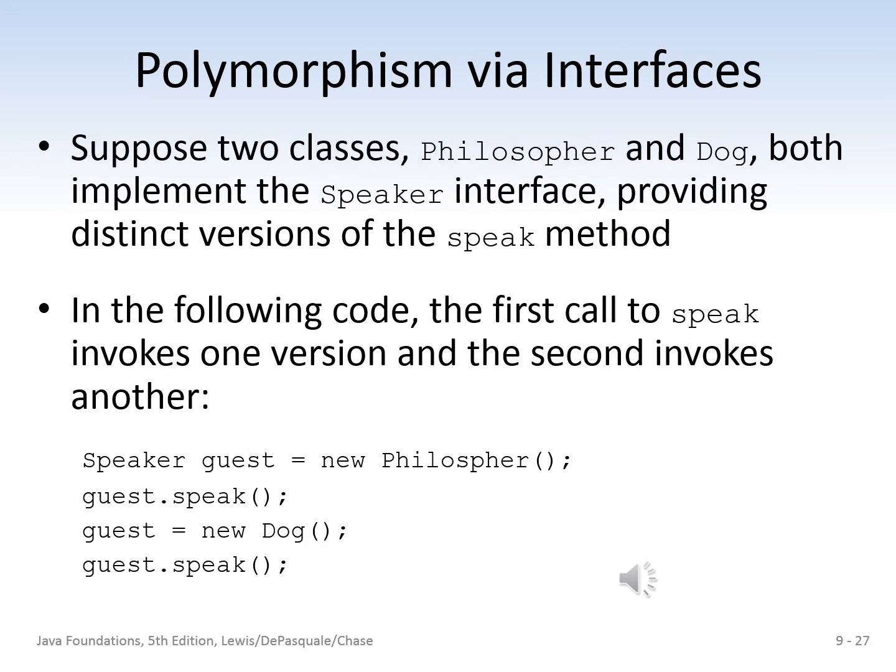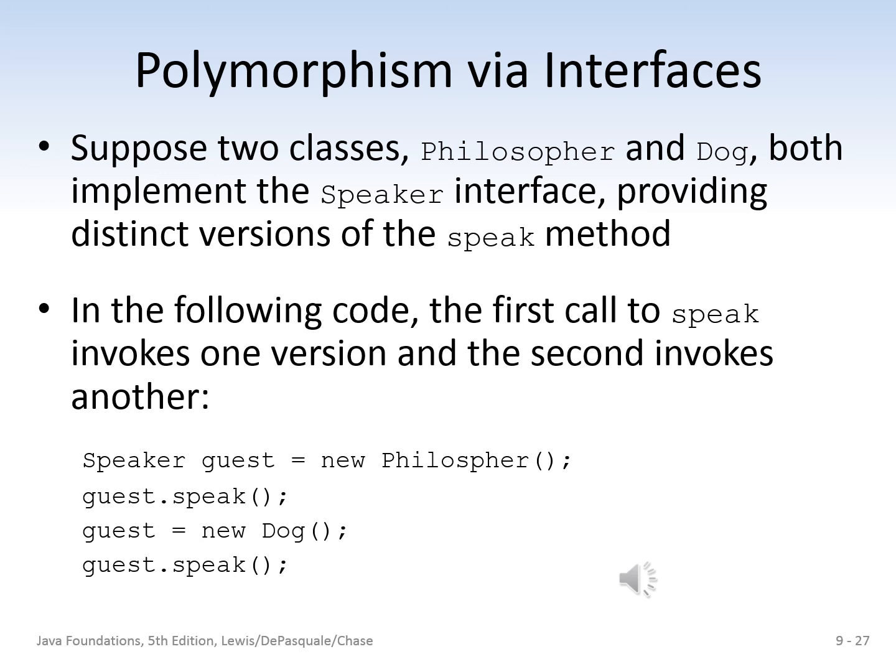Now we pull it all together. Now follow me on this because this is really the coup de grâce as far as polymorphism via interfaces. This is really how it works, the nuts and bolts. Suppose we have two classes, Philosopher and Dog, that both implement the Speaker interface, and both of them provide different versions of the speak method.